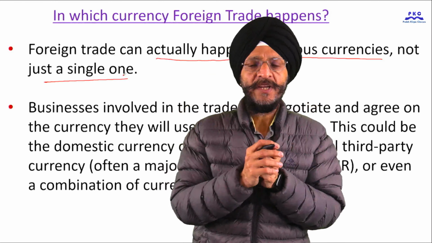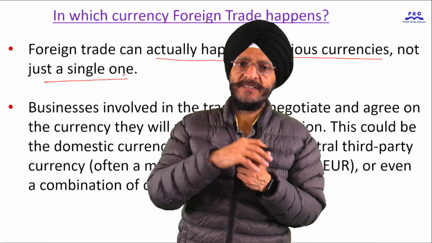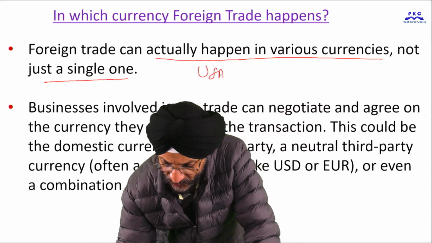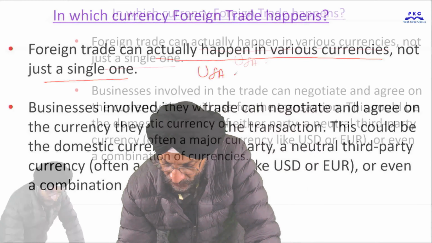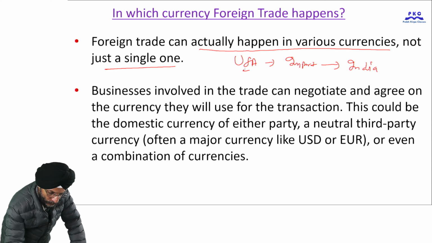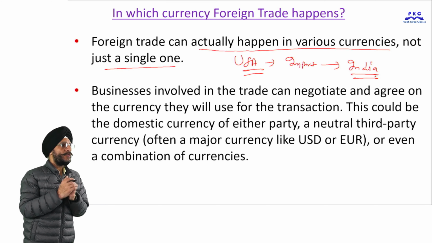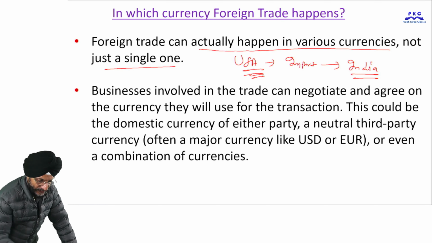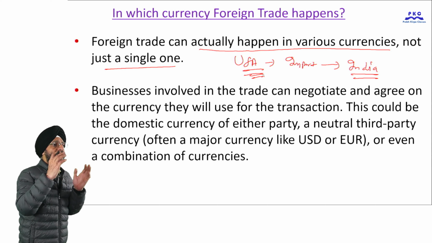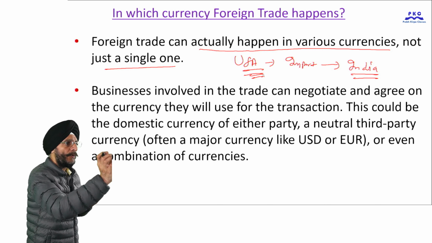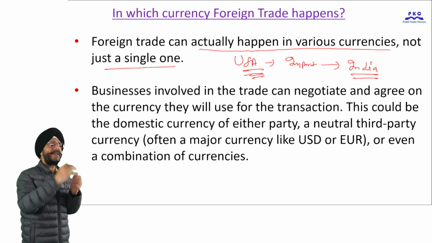It may also happen that if export is done by the USA, we are doing import to India. So here USA is exporter, India is importer. The businessman in the USA may say that they will accept payment in return for goods only in the form of US dollars or any other currency.